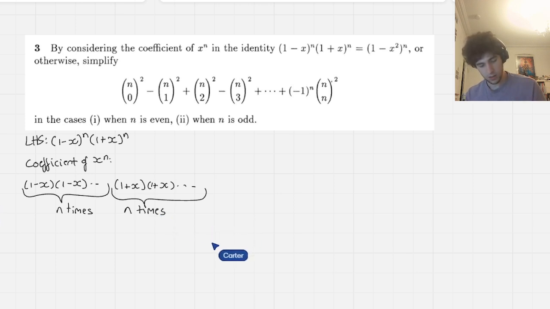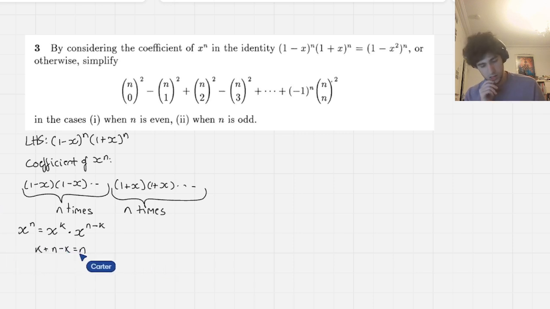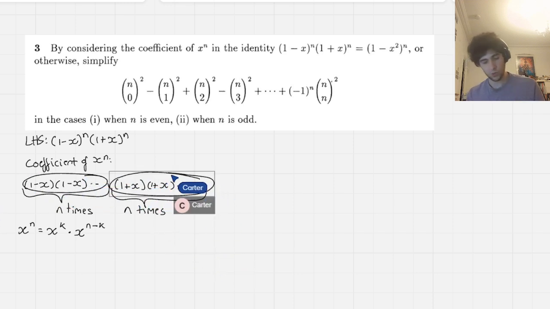Well, I think it's good to note that x to the n is equal to x to the k times x to the n minus k by index laws, because k plus n minus k is just n. So we're guaranteed to get x to the n if I can get a coefficient of x to the k from the left-hand side, and then find the coefficient of x to the n minus k on the right-hand side.